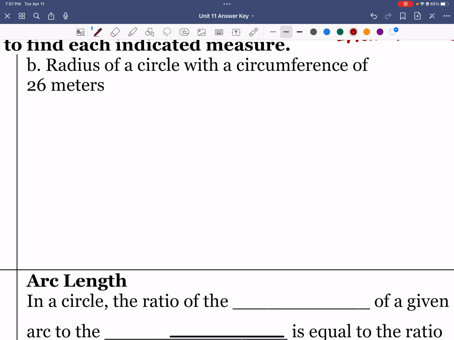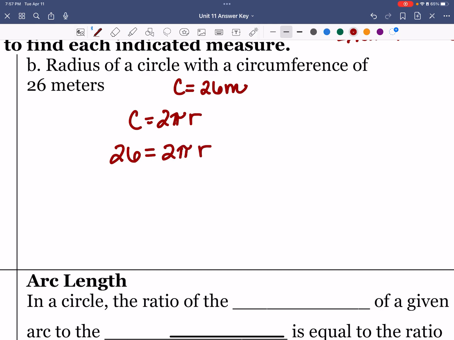So instead of my radius being 26 meters, my circumference is going to be 26 meters. So I'm going to say C equals 2 pi r still, but instead of plugging something in for my radius, I'm going to plug in 26 for my circumference. So I have 2 pi r over here. And I'm going to divide by 2 pi on both sides just to get r by itself.